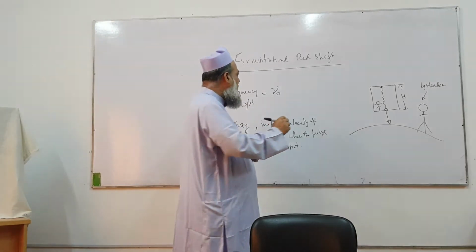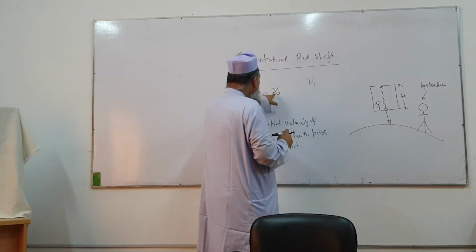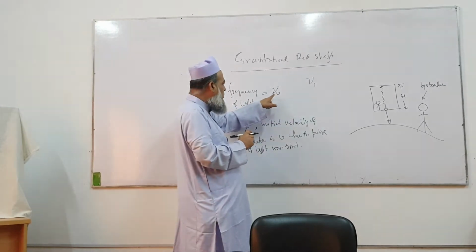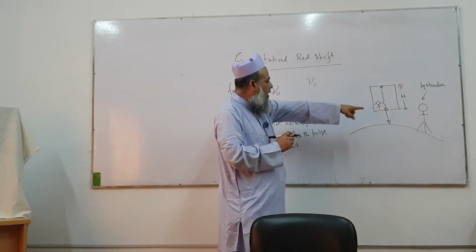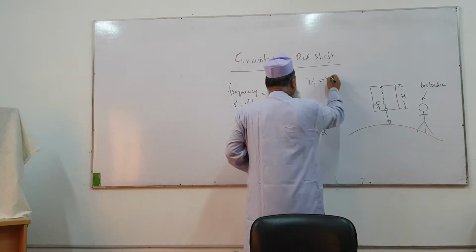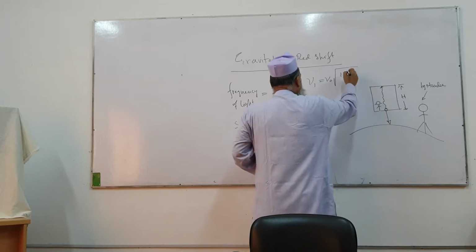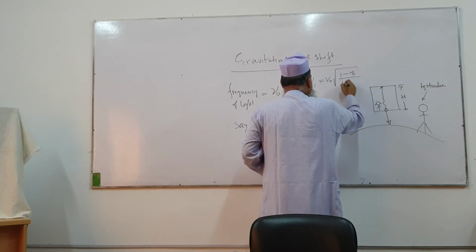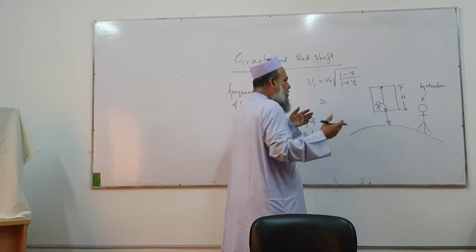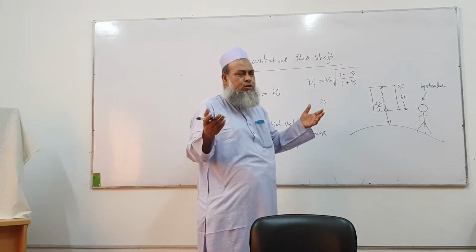For light, the formula is nu 1. Why nu 1? Because actually it is nu naught, but the observer outside will see nu 1 equals nu naught square root of 1 minus V by C divided by 1 plus V by C, which is approximately, because V is very small compared to the speed of light, very small.